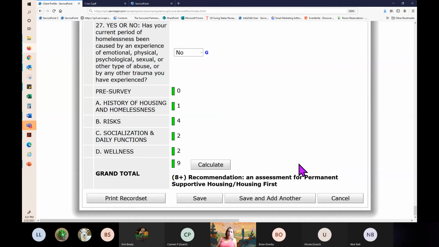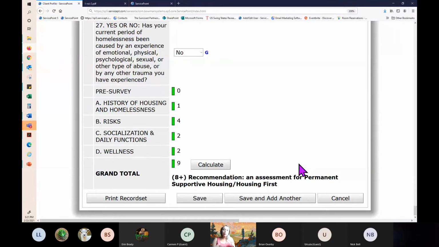Looking at all of this information, we know that clients that typically score in the 4 to 8, 9 realm are those rapid rehousing clients, and clients that score over 9 and above, we're really looking at those permanent supportive housing situations where clients may need longer, more intensive case management than somebody that enters a rapid rehousing program. Clients entering rapid rehousing programs ideally will stabilize on their own.